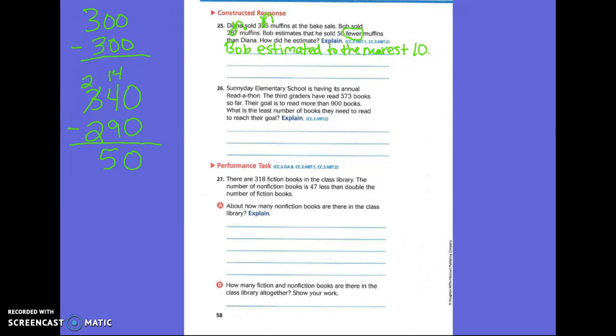Explain how we know he estimated to the nearest 10. What did we do? 336 rounds to 340.